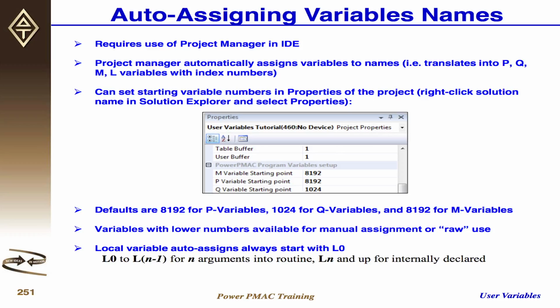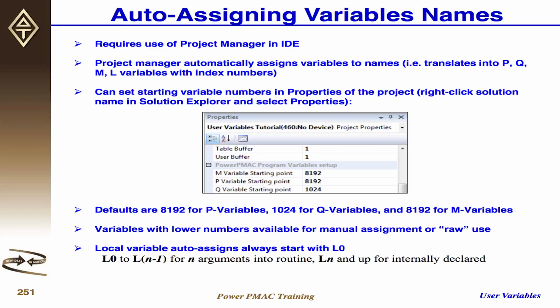The way you do that, I'm going to do it really fast, is in the IDE, if you go to your project name and then go to the properties window, we see I have M variable starting point, P variable starting point, and Q variable starting point. They're set to 8192, 8192, and 1024 respectively.